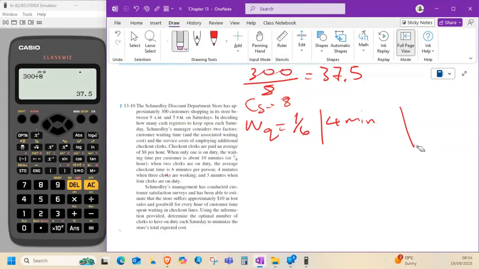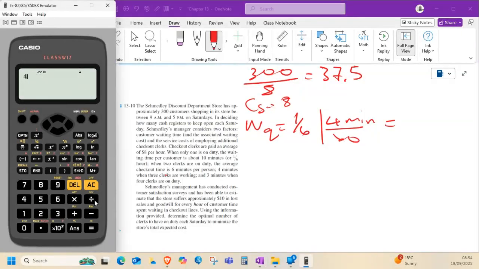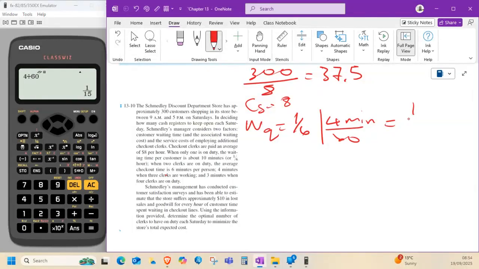To solve that quickly, you fix it now. That is divide by 60 equals 4 divided by 60. We are going for hours, and then it becomes 1/15. Then when 3 clerks are working, oh, this is 3.